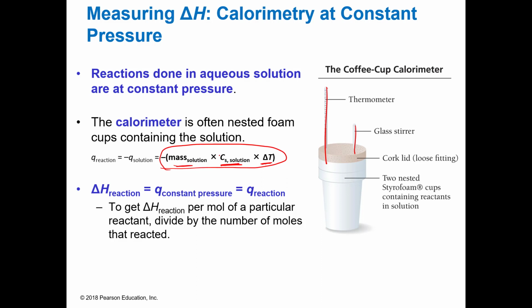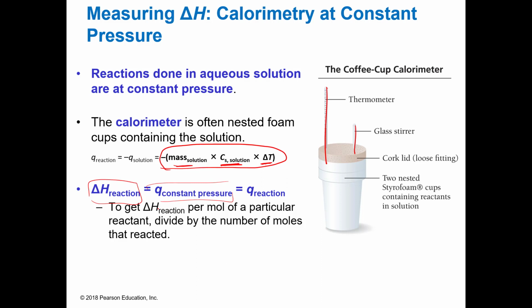Usually you use water a lot, but it's something that's going to be in a table for you that's already been figured out. And so the delta H of the reaction is going to be equal to the Q of the reaction, but the Q of the reaction is equal to the negative Q of the solution.